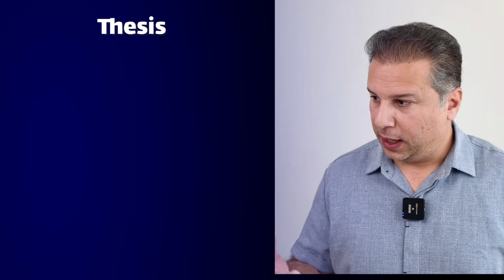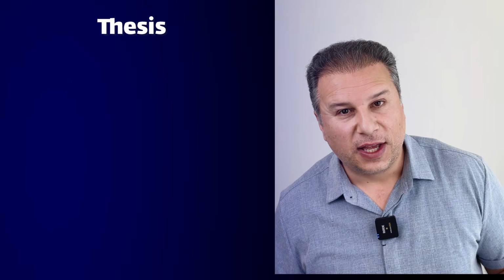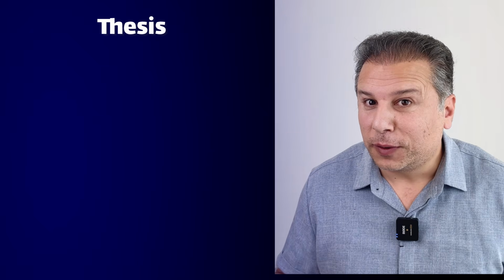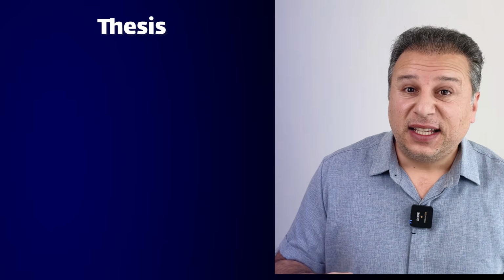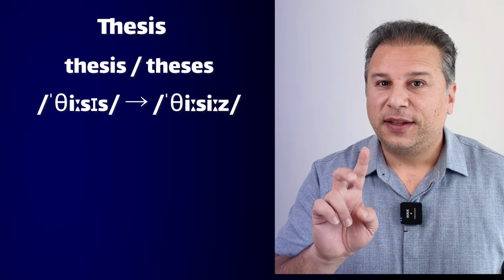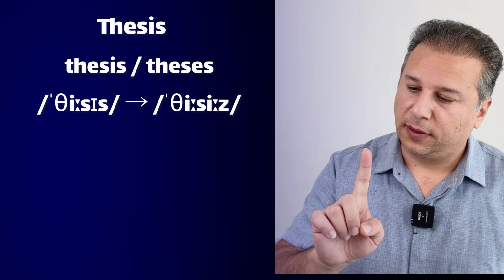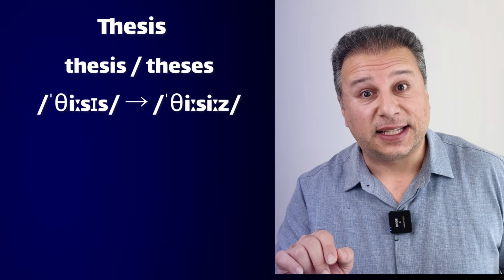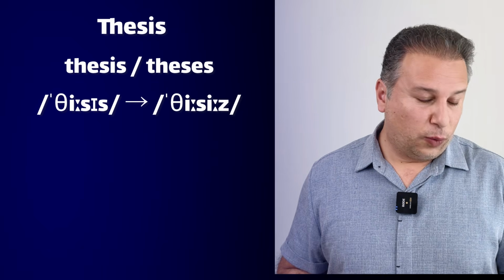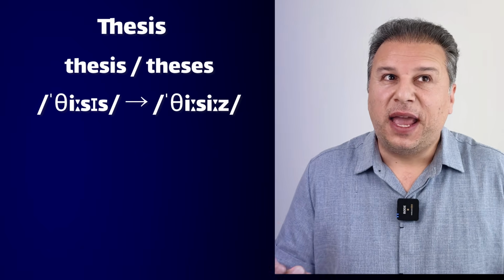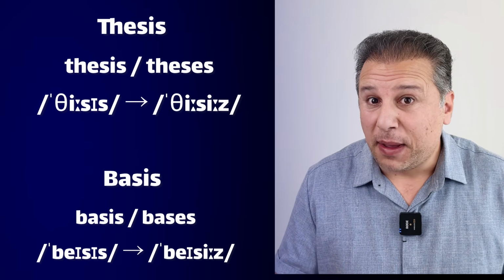Next one, you are able to guess now. Thesis, like my PhD thesis. So what is the plural form? Theses. Thesis, theses. Like one thesis, two theses. Next one, again, the same. Basis, bases.